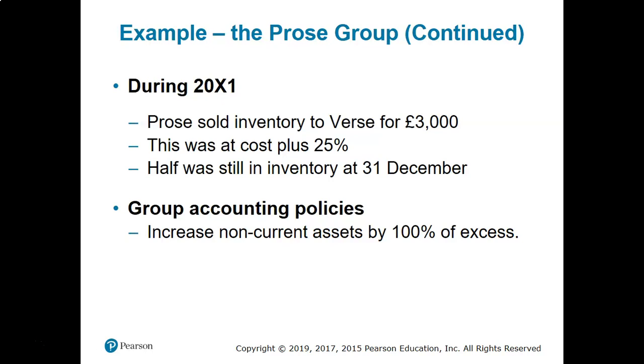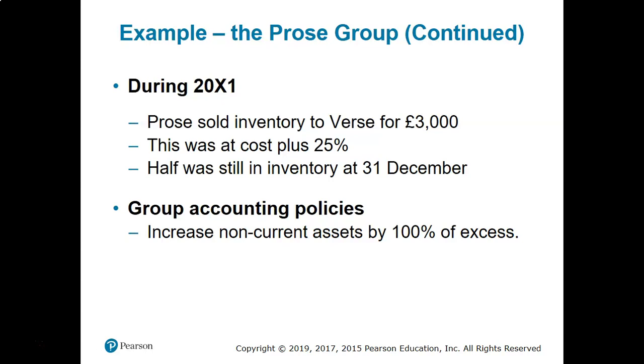So there are some unrealized profits. The parent company shows a profit, but the profit is still not earned by the parent or by the subsidiary, because the subsidiary couldn't sell half of the inventory.